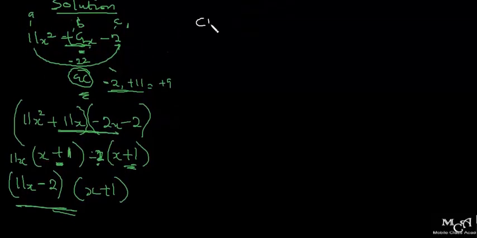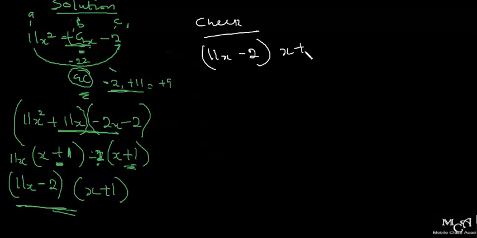How do we check? We have 11x minus 2 in brackets, x plus 1 in brackets. What should we do here? We expand this bracket. So we have 11x times x giving me 11x squared, right? Plus 1 is going to give me plus 11x, right?